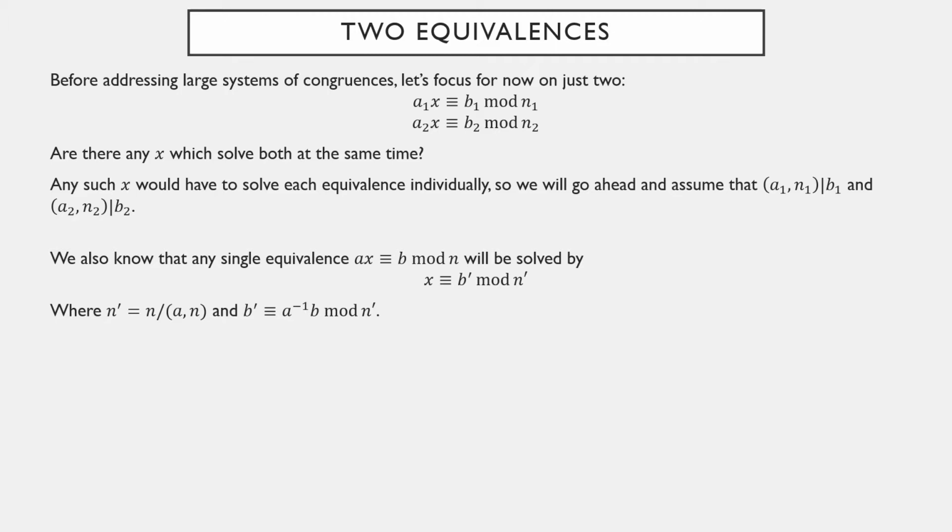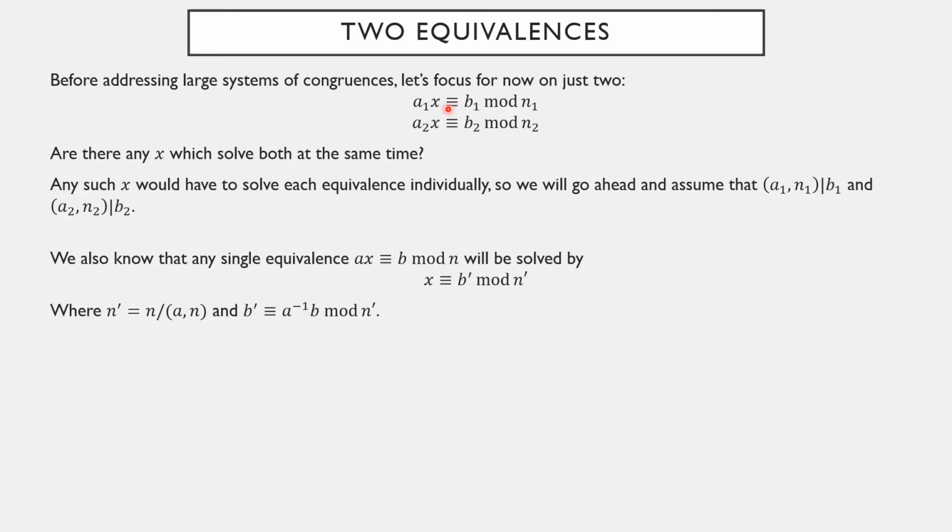So if solutions exist, that means the GCD of the coefficient and the base is a factor of the target value, in which case you would cancel it out from everything and get a times x equivalent to b mod n prime, where that was just dividing out by this GCD, and then whatever value is left over multiplying x, it's now relatively prime to the new base, so it has an inverse, so multiply by it.